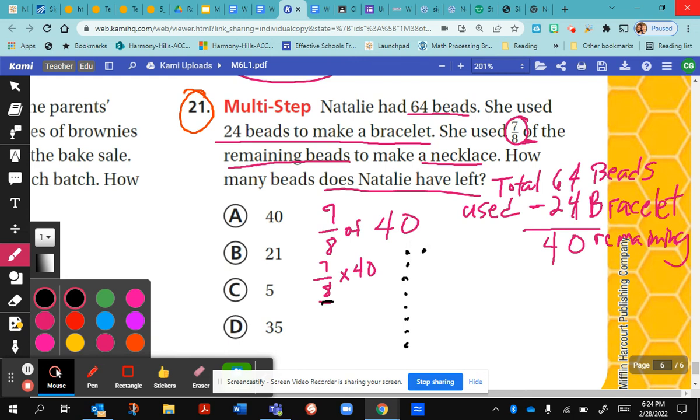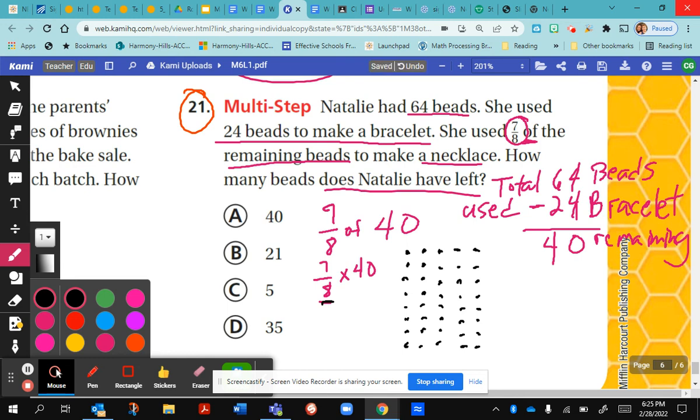That's 24, 32, 33, 34, 35, 36, 37, 38, 39, 40. And there's 5 in there.